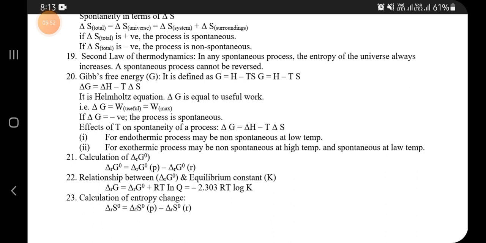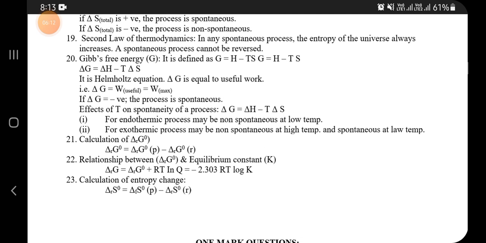Then Gibbs free energy, denoted by G and defined as G equals H minus TS. And delta G is equal to delta H minus T delta S. This is the Gibbs-Helmholtz equation.